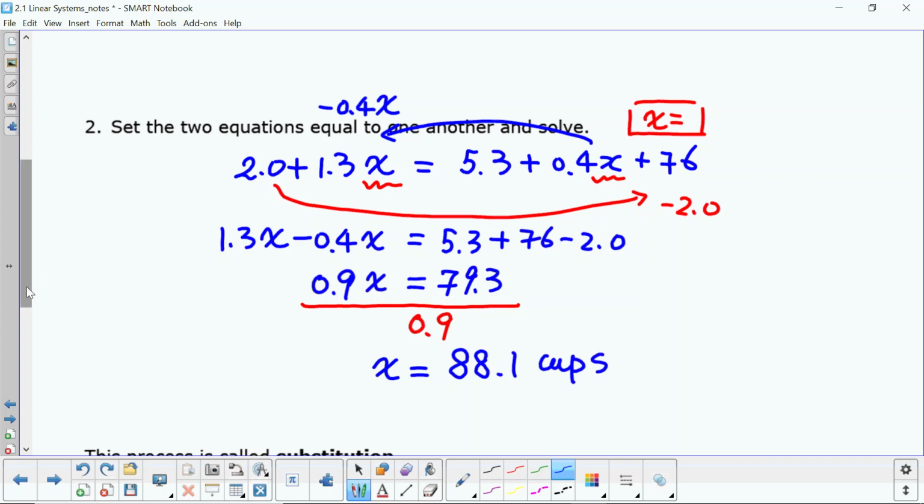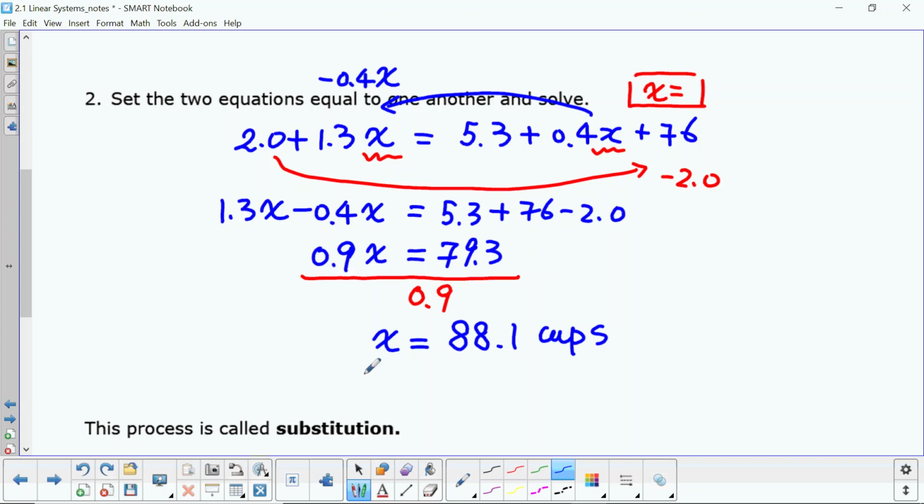And we need to decide how many cups we need in order to have cup A reach cup B. In real life, even if it's 0.1, we are going to round up. Otherwise, you are not going to have the same height.